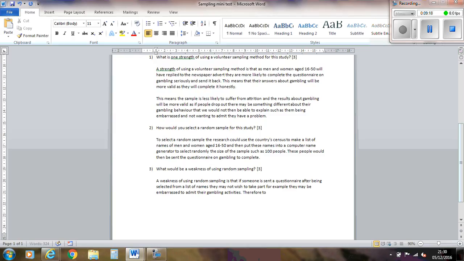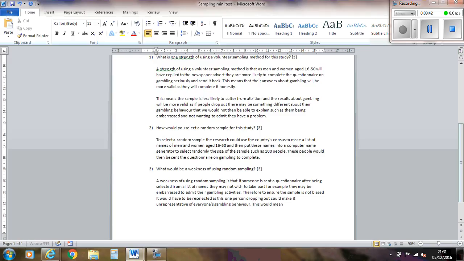Therefore, to ensure the sample is not biased, it would have to be reselected, as this one person dropping out could make it unrepresentative of everyone's gambling behaviour.